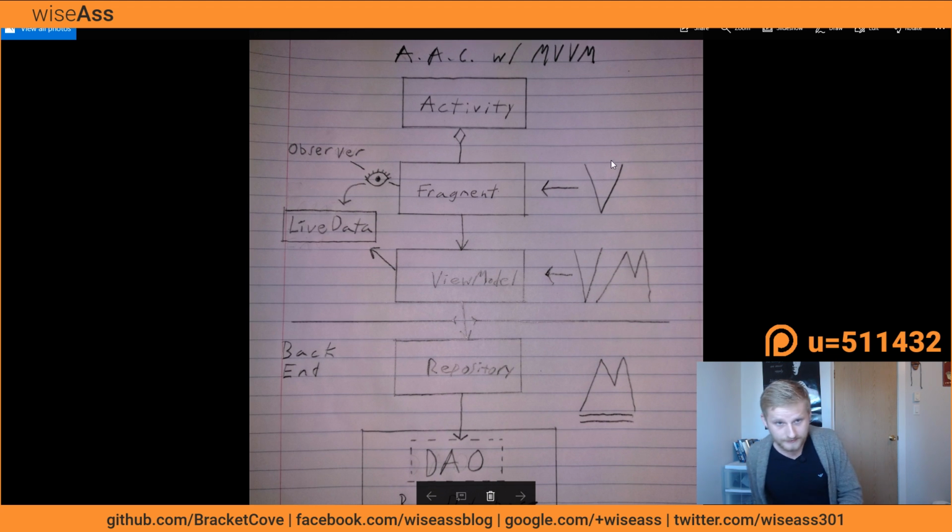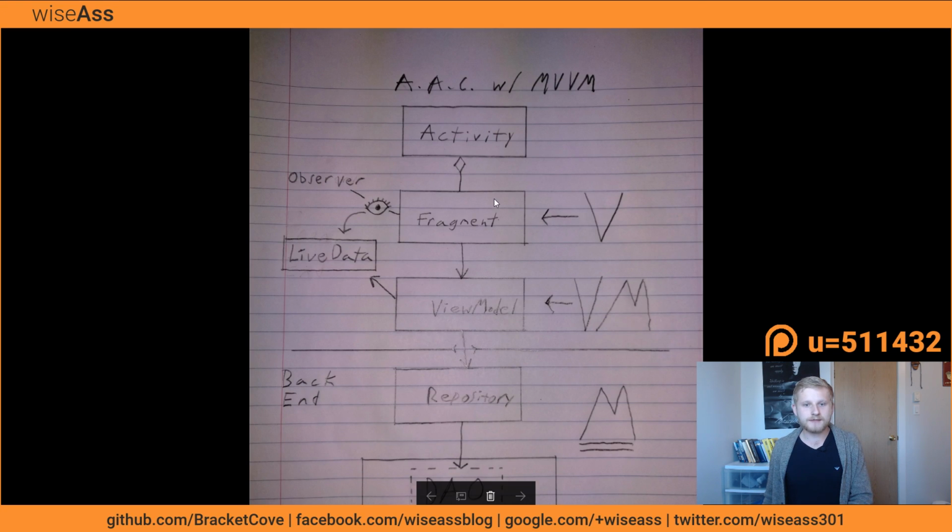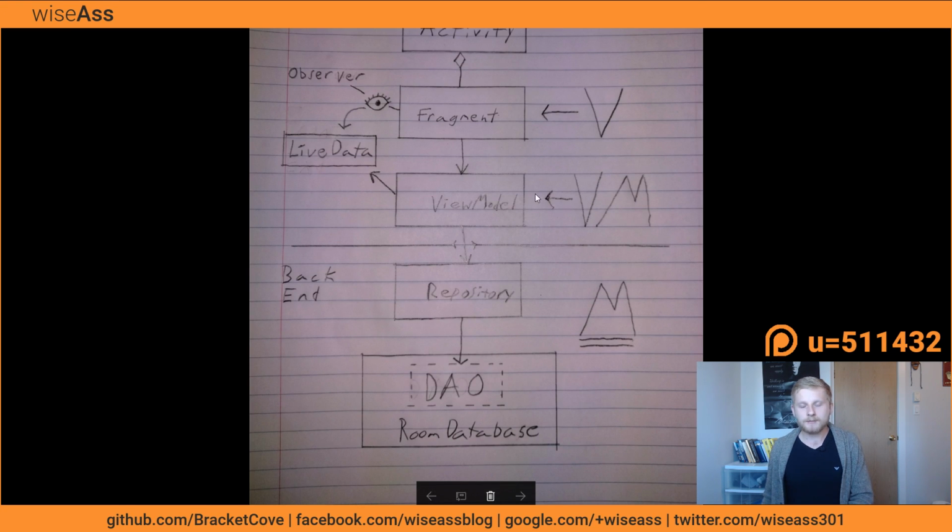So the way I built it is, we've got an activity, which is just a container. The fragment is a view, and the key difference is that in Model View Presenter, this arrow you see here would point up to the fragment. These two things would reference each other.